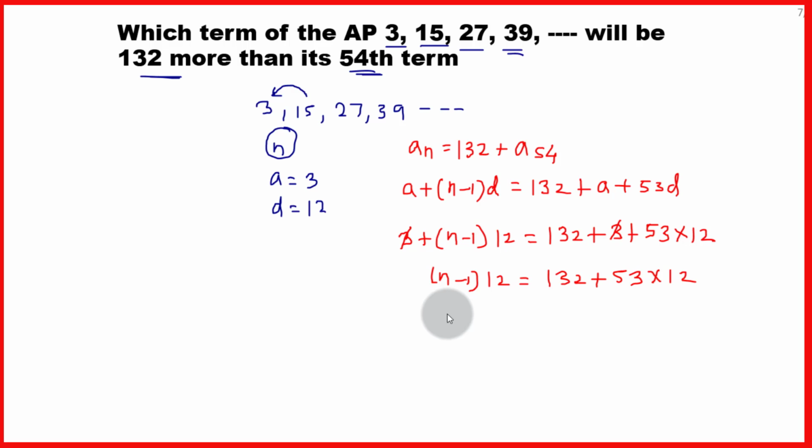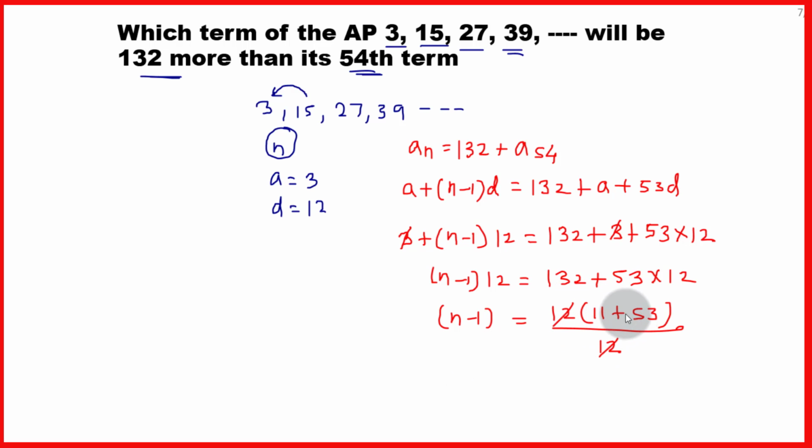So take 12 to this side. Here we can take out 12 as a common factor. So n minus 1 is equal to, if you take 12 as a common factor, inside the bracket it will be 11 plus 53, and take 12 to this side, so it will be in the denominator 12.